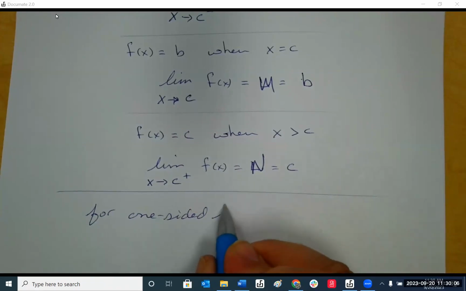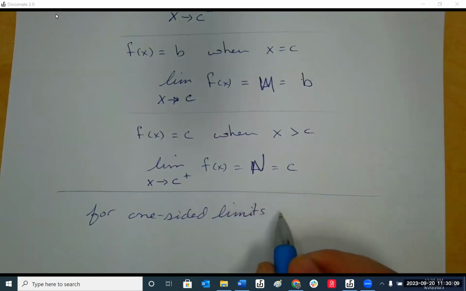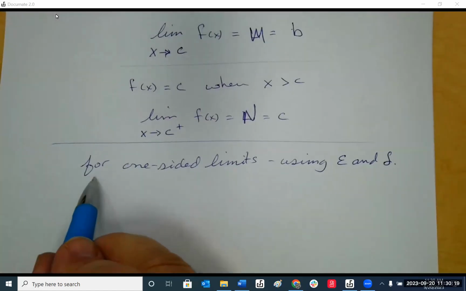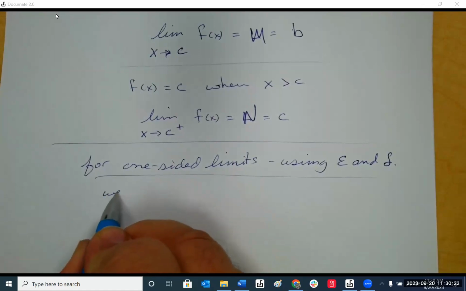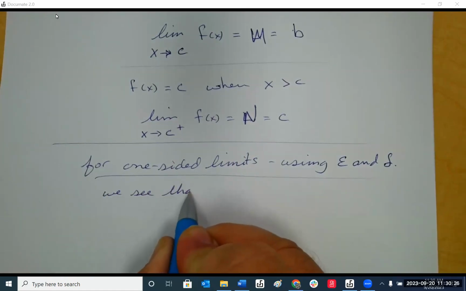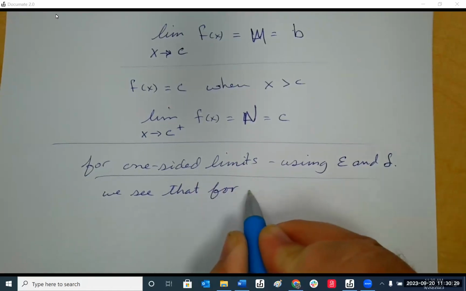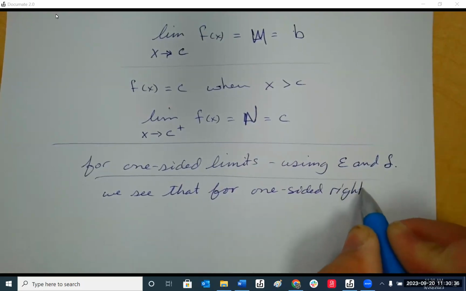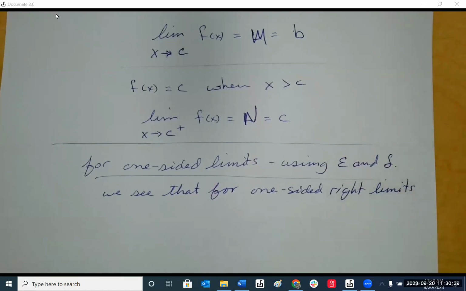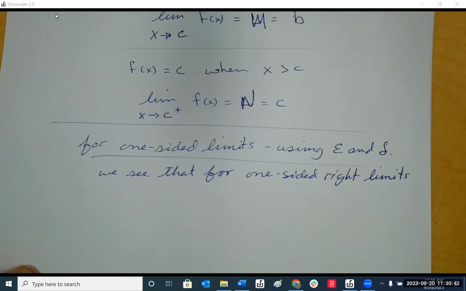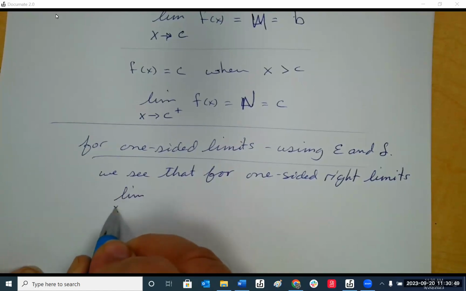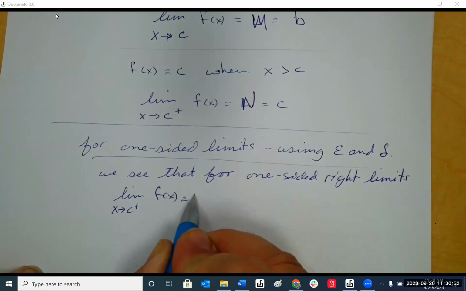For one-sided limits using epsilon and delta, we see that for one-sided right limits, we have the limit as x approaches c from the right of f of x equals L.